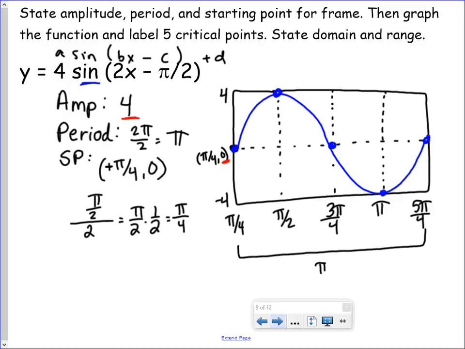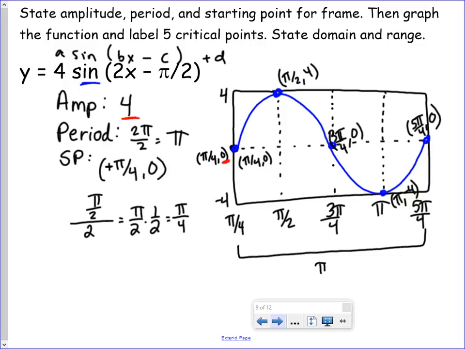Label my points. This will be pi over 4, 0, pi over 2, 4, and 3 pi over 4, 0, pi, negative 4, and 5 pi over 4, 0.